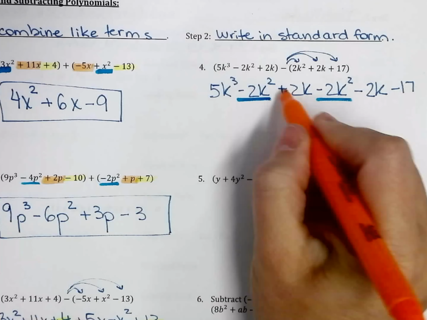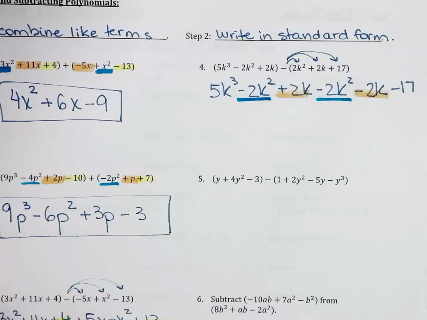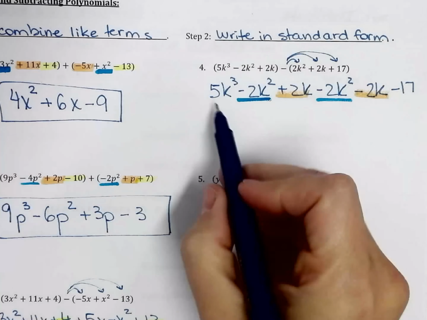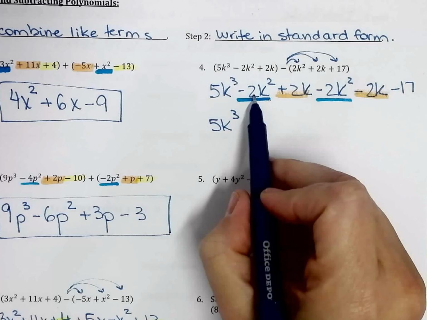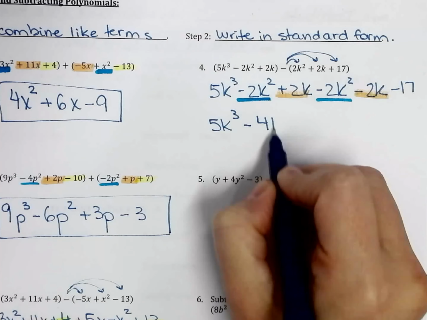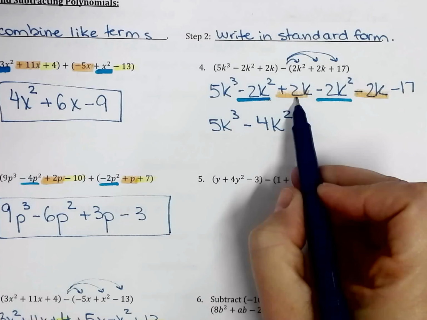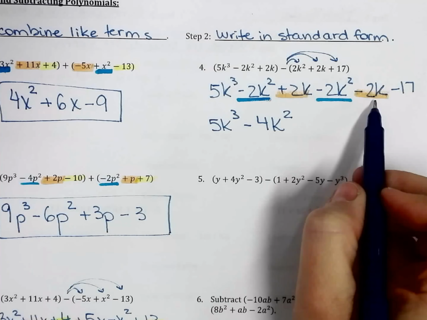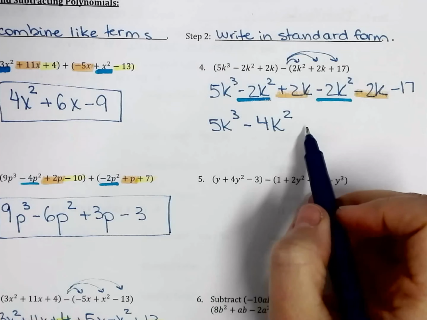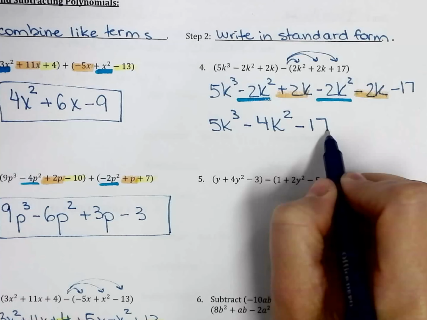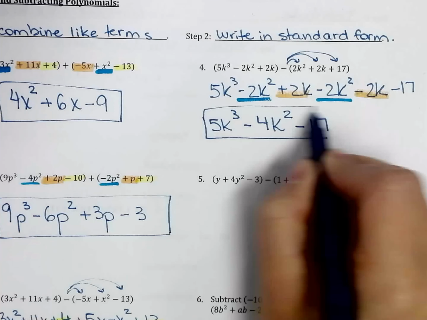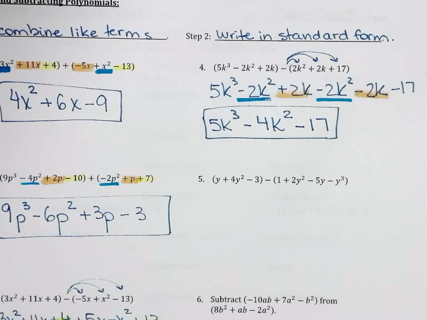I have k. And I also have, this is the only constant, so I don't have to combine that with anybody else. So 5k cubed, negative 2 minus 2 is negative 4. 2 minus 2 is 0, so I have 0k, and I'm not going to even write any k because I have 0k minus 17. Again, it's already in standard form.